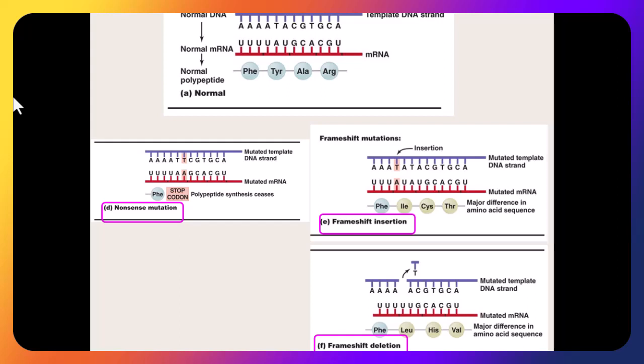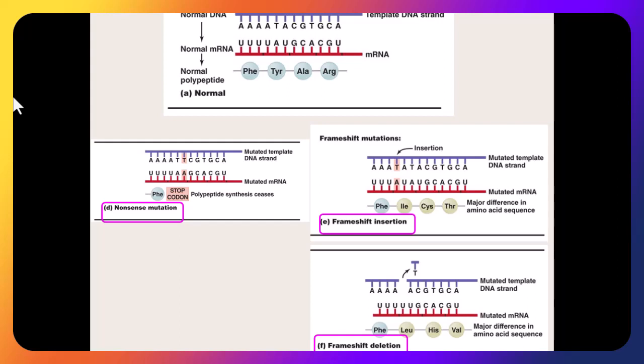So instead of the next 3 letters being ATA, now it's TAT and then AUA. It shifts everything over, which means pretty much after that insertion, every other amino acid brought in is going to be incorrect. This is because we're reading it 3 letters at a time, but now you shifted them over. So the first letter is not the same, the second letter is not the same, the third letter is not the same because we shifted them over 1. And that same thing happens with the frame shift deletion.